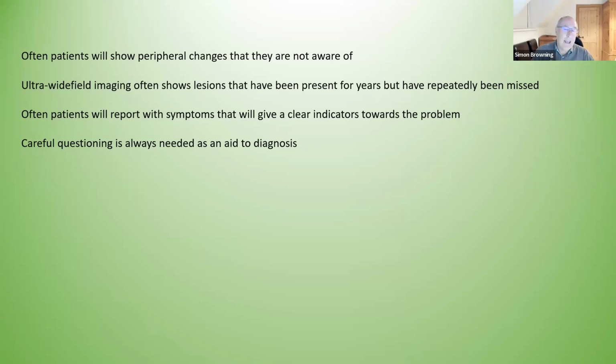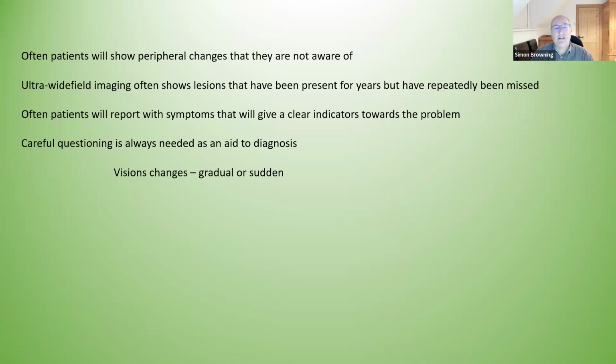Really careful questioning is always needed as an aid to the diagnosis that you reach in the end. And sometimes you want to revisit that patient and the questions you've asked them and the answers they've given you, and maybe drill down a bit more into the questioning further.